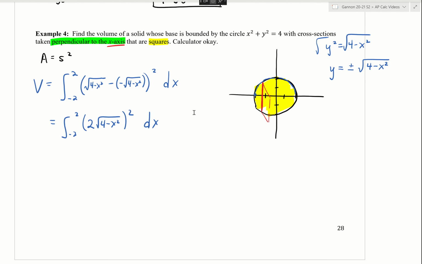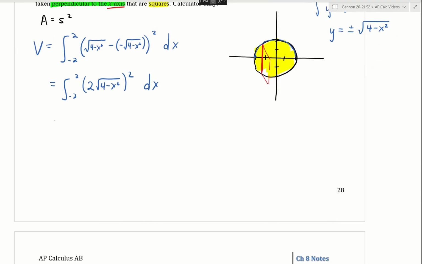Some people will think about the symmetry behind this and just know that, okay, if the top is the square root of 4 minus x squared, then I'm going to double it, right? But this really is technically how to get to that point. Without a calculator, we can simplify this expression down a little bit more: negative 2 squared is 4, and then the square root of 4 minus x squared squared is just going to be 4 minus x squared, dx.